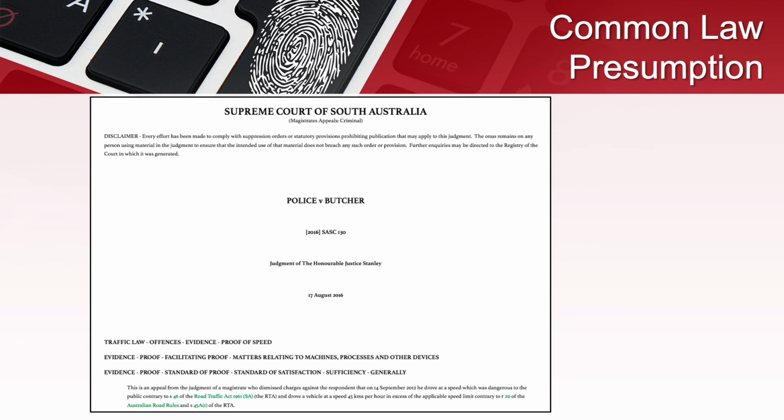Cases that have demonstrated software accuracy issues with how police officers calibrate radar-based mobile speed detectors, for example. In the case of Police and Butcher from the Supreme Court of South Australia, the prosecutor unsuccessfully appealed a magistrate's decision to disallow computer printouts from a speed detection device used by police because that device had been demonstrably improperly calibrated by the officer.